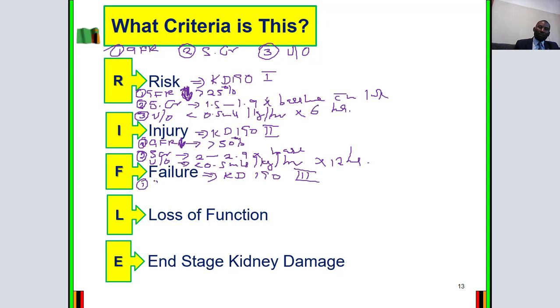The glomerular filtration rate actually decreases here by more than 75%. And when we look at serum creatinine, it is more than 3 times the baseline.